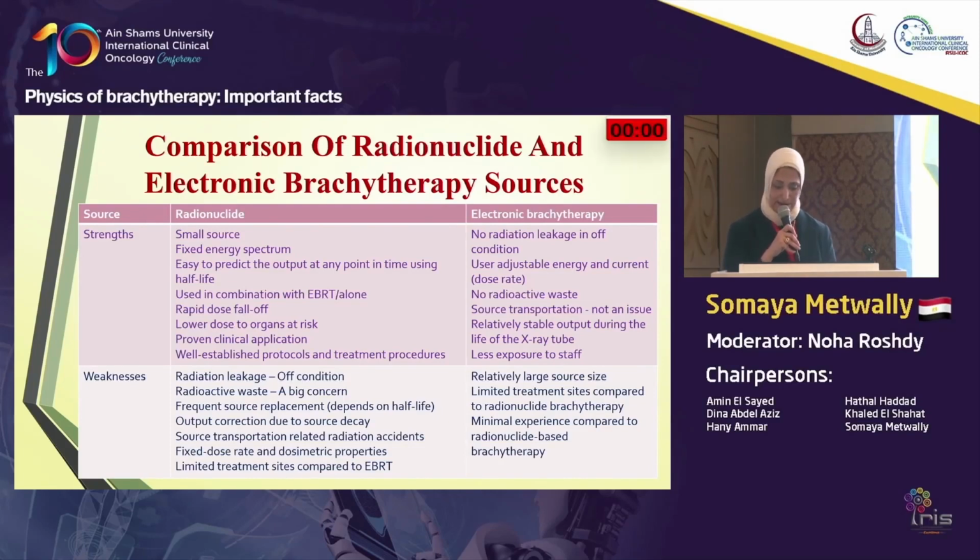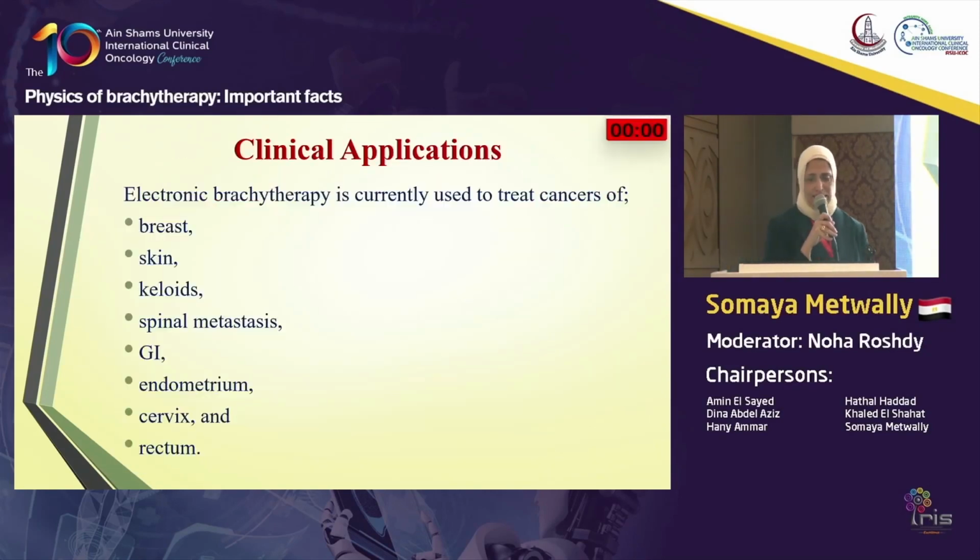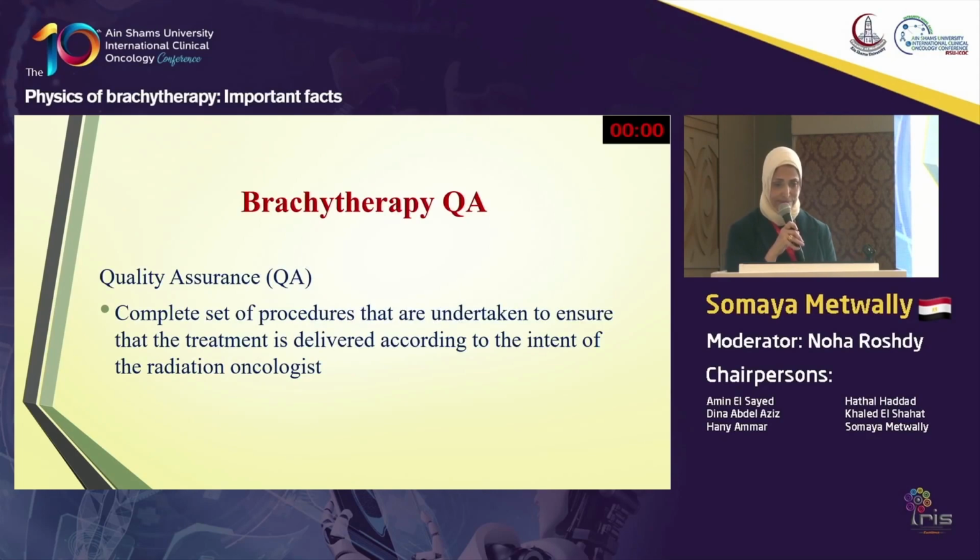But in fact, there is new research and many publications on electronic brachytherapy recently. Clinical applications: we can apply electronic brachytherapy in all sites: breast, skin, keloids, spinal, metastatic, gyna, endometrium, cervix, and rectum, because we have a lot of variety of applicators.